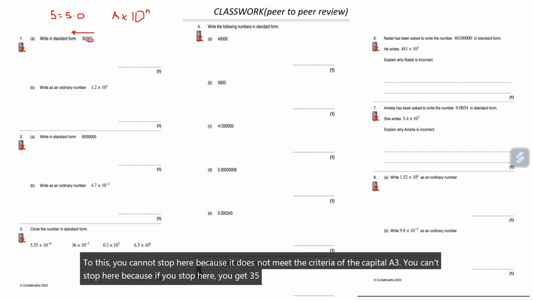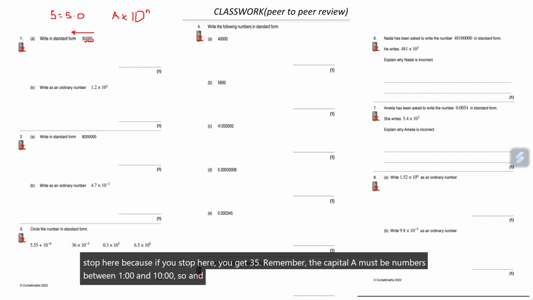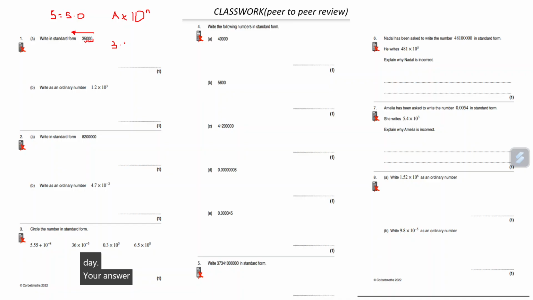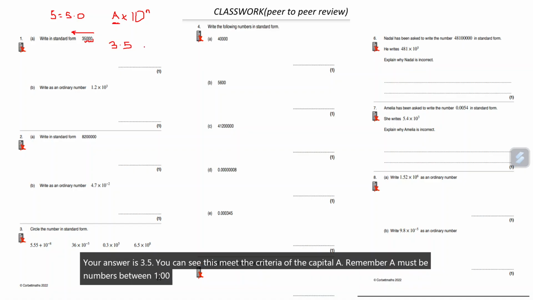Remember, the capital A must be a number between 1 and 10. And this is 4. You can see we moved 4 places. So at the end of the day, your answer is 3.5. You can see this meets the criteria of the capital A.